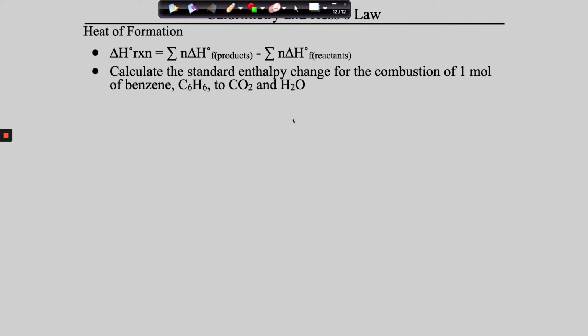So guys, you don't even need to write this down, just do the work with me. The first thing we need to do is write a balanced equation. Benzene is C6H6, and we are going to react this with oxygen, and we are going to make carbon dioxide and water.